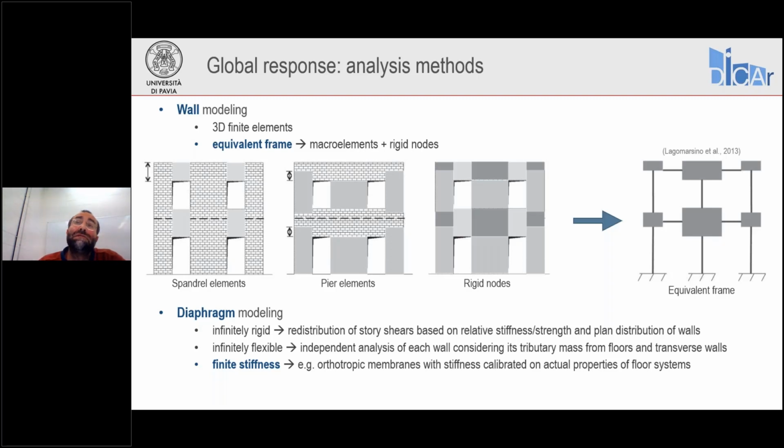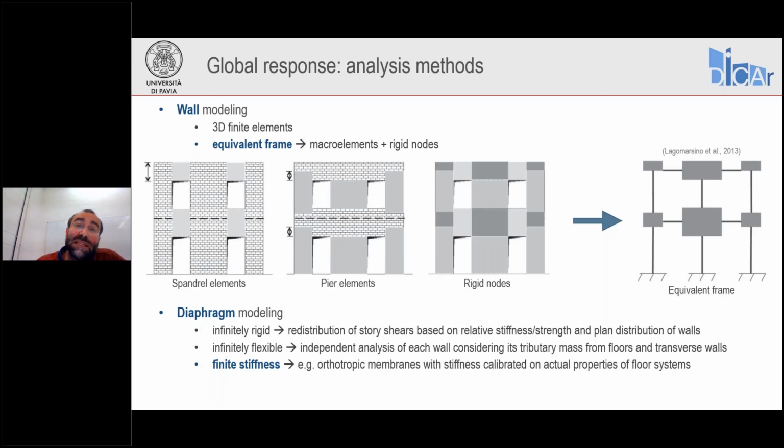First case is infinitely rigid diaphragms. This is the case when we have, for example, a concrete overlay well connected to timber or steel joists. And these rigid diaphragms allow for a redistribution of the story shears based on the relative stiffness or strength and the in-plane position of the piers and the walls.